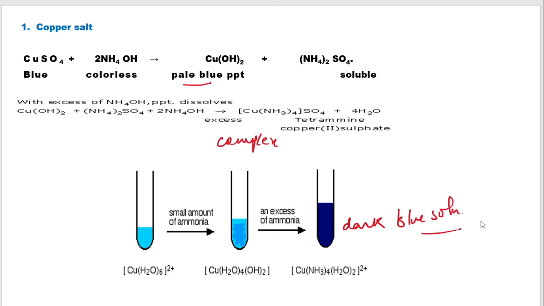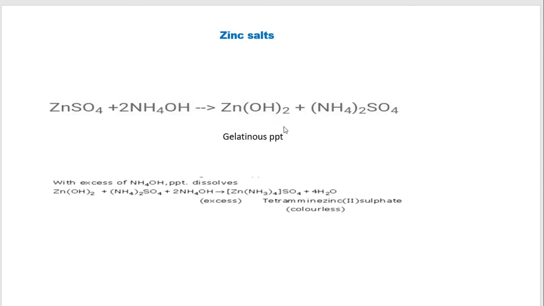Clear? Similarly, when we take the example of zinc salt, here also when you add ammonium hydroxide dropwise to the white salt of zinc, you will form a white gelatinous PPT of zinc hydroxide. Now when excess ammonium hydroxide was added to this zinc hydroxide, the zinc precipitate dissolves due to the formation of tetraamine zinc sulfate.